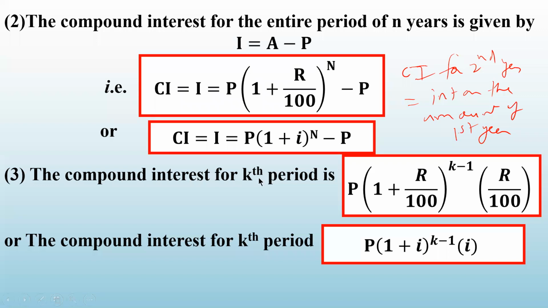The amount on the k minus 1th year is P into 1 plus R upon 100 raised to power k minus 1. On this amount you take the interest, so you multiply this amount by R upon 100. This will give you the interest in the kth year. So these are the formulas.